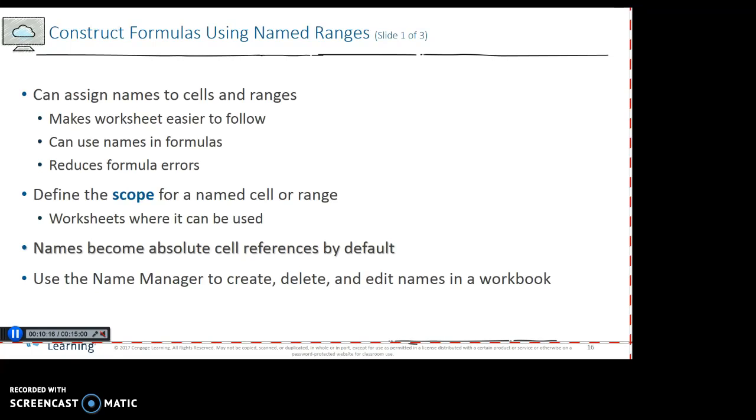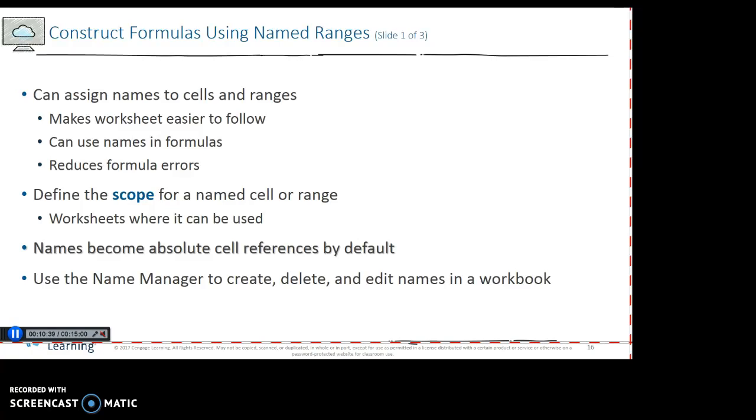You can construct formulas using named ranges too. You can assign names to cells and ranges. It can make the worksheet easier to follow, and you can name formulas, and that helps to reduce formula errors. You can define a scope. I'm sure all of you have heard of that before.